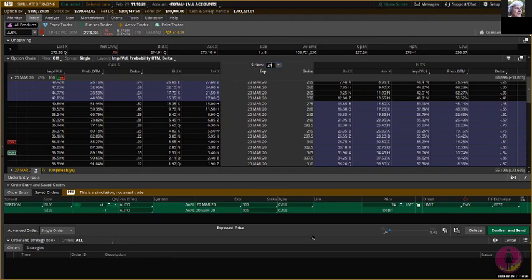I went to another strike, and what I would gain and what I would lose was okay, and I confirmed the trade. So it was not many things that I was looking at. I was just happy to enter, to practice.